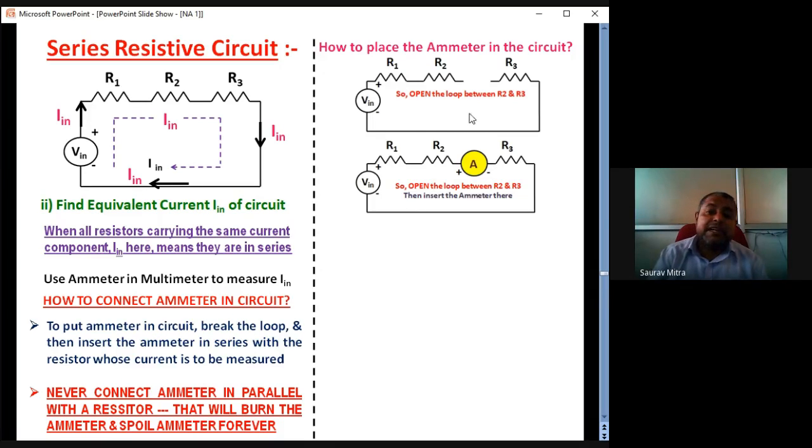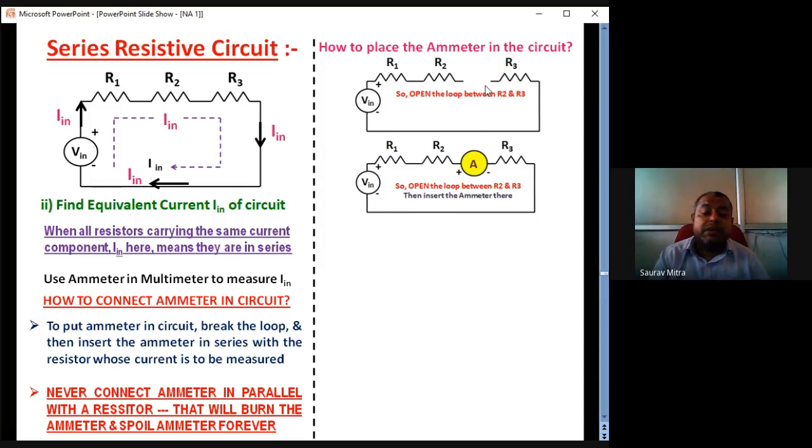By mistake, if you have connected the black probe on this side and the red probe on this side, what you will find is, as current is entering through the negative junction, whatever current you find will be negative. So if you are getting a negative current, do not get scared of that. It means that to know the actual direction, you have to invert the direction of the ammeter.